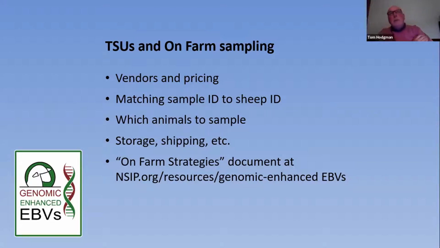I had a discussion with a breeder in North Carolina today that is not a member of NSIP yet, but is thinking about joining and doesn't have a large flock and wants to know if there would be some advantage to joining.